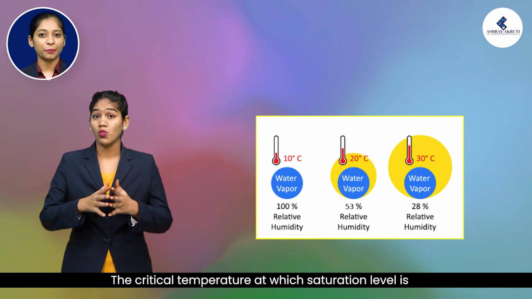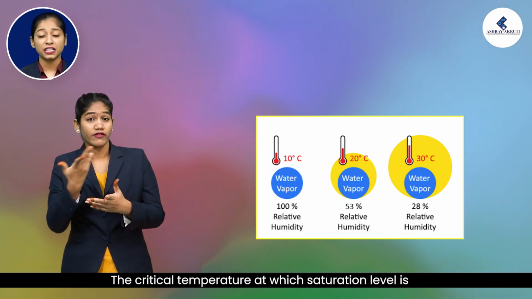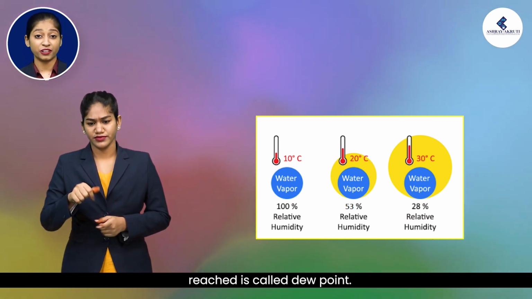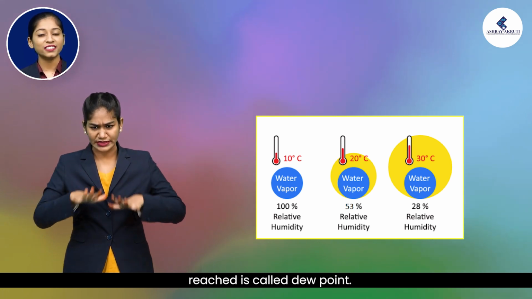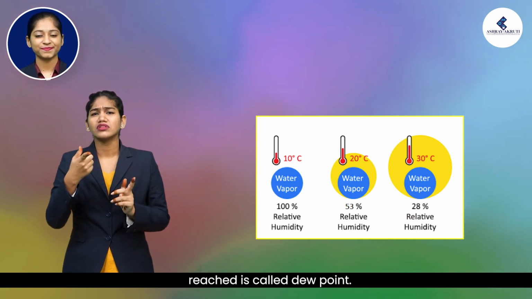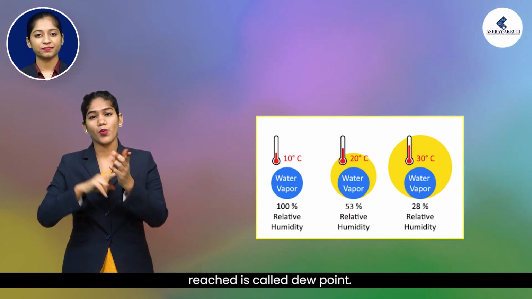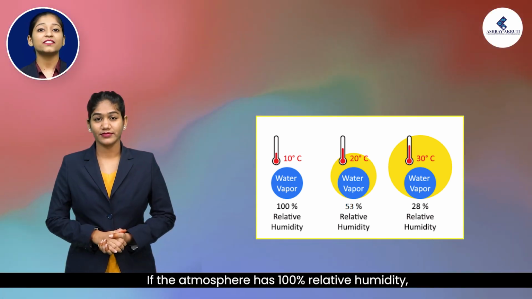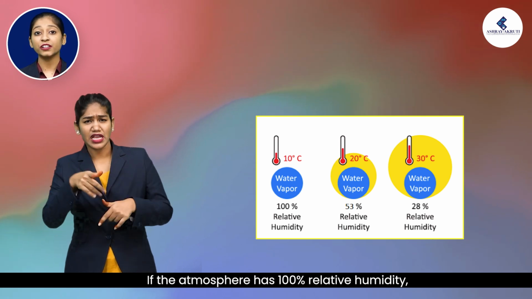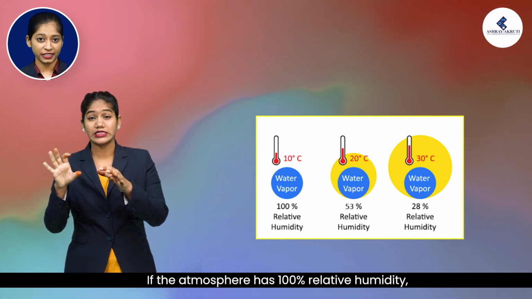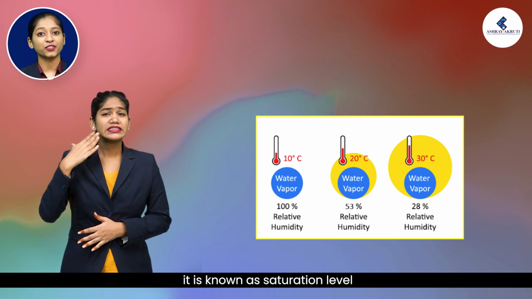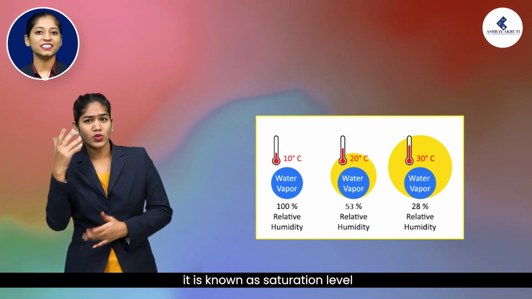The critical temperature at which saturation level is reached is called dew point. If the atmosphere has 100% relative humidity, it is known as saturation level.